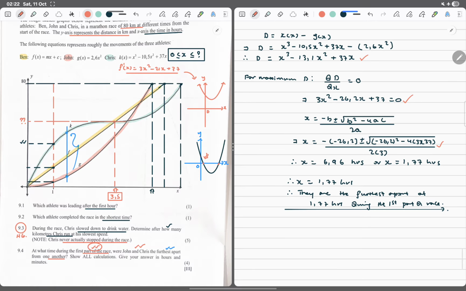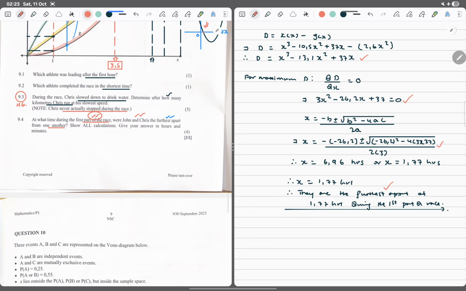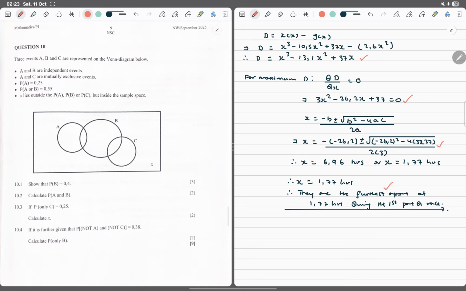But again, the quadratic formula is being applied, so it may be ignored. The final answer, 4 marks, but this should have been 5 marks. There are some marks that I feel were not supposed to be given up there. This one was really worth 5 marks. Anyway, guys, as we can see, if we understand our work, there's nothing really that destroys us. So we move on.